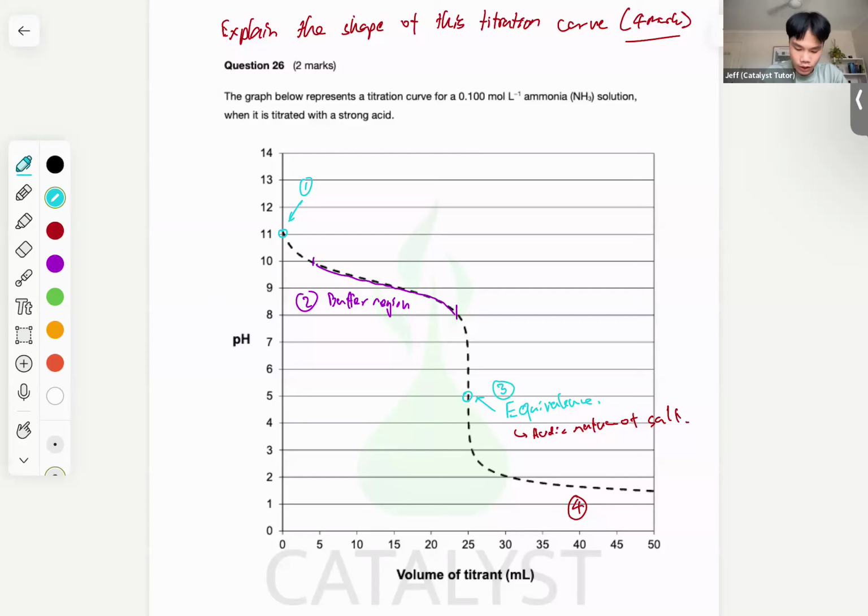So on this curve, if we were to talk through point number 1, how do we explain why the pH is 11 at 0 volume, 0 mL of titrant added? Why is it pH 11? And if we unmute, we go. Yep.